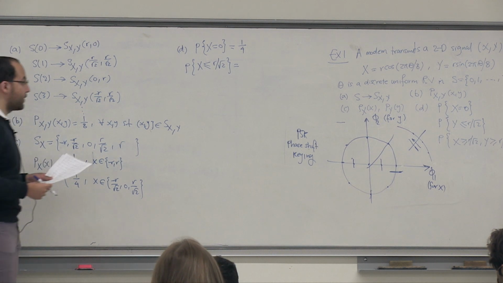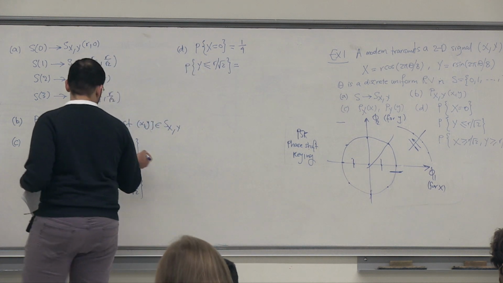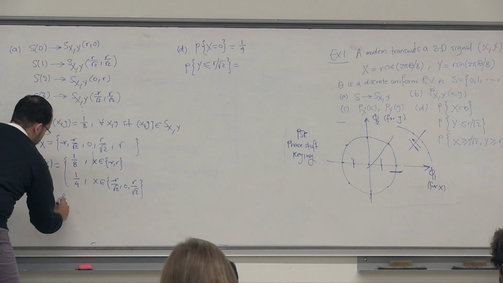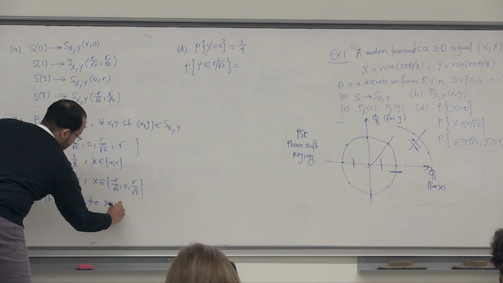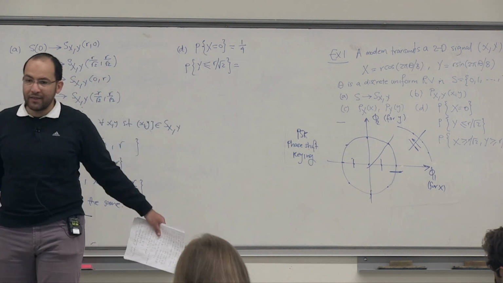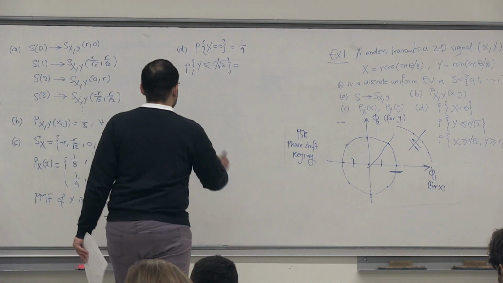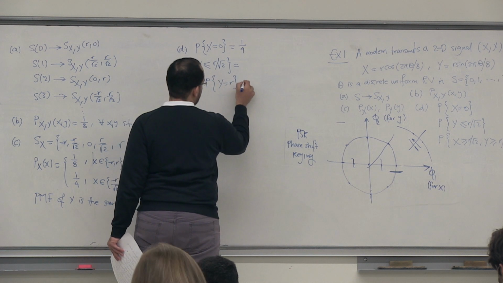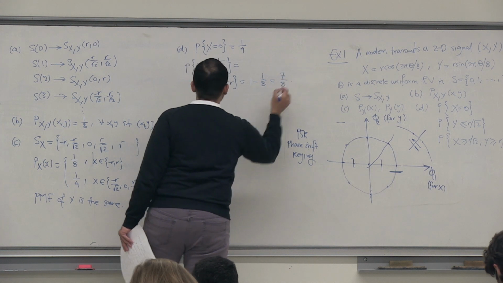X or Y, here in the problem statement it is Y, but it really doesn't matter because the PMF of Y is the same. How about this probability? How can we calculate it? What is the only point we are missing up here? Right? So it is just 1 minus the probability Y equals R. It is 1 minus 1 over 8. It is 7 over 8.